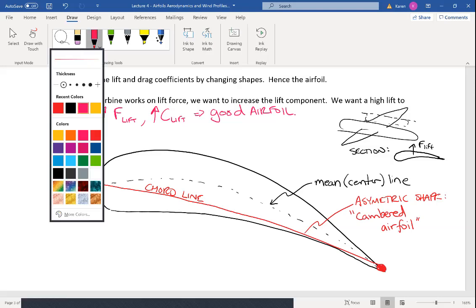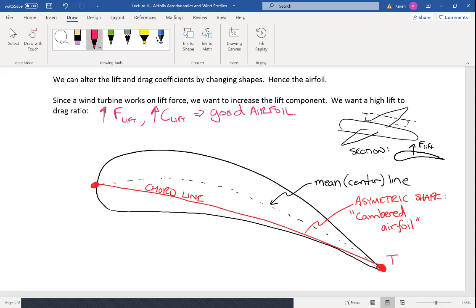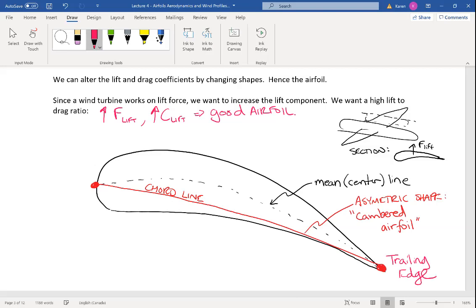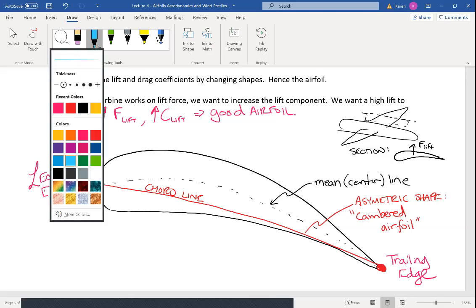We can label a few things on here. This is called the trailing edge. And this is called the leading edge of an airfoil. The center of gravity isn't really in the center of this shape. It's really sort of about here.